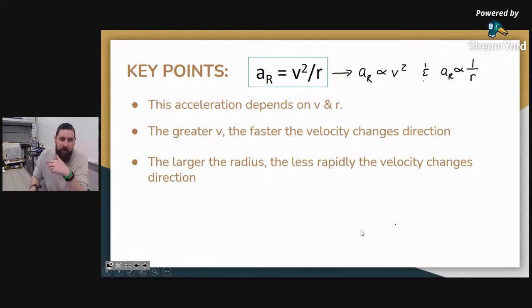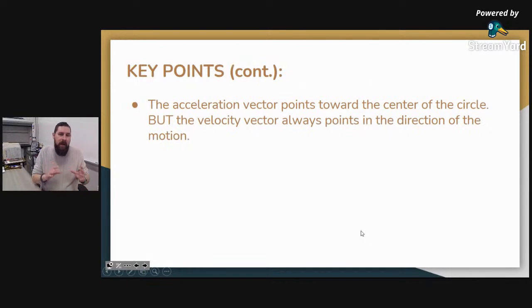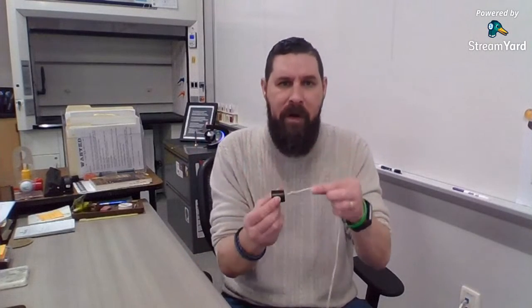Okay. Another key point, and this is a big one: the acceleration vector always points towards the center of the circle, but the velocity vector always points in the direction of motion, which means this. If I go back out to a large screen, as this is moving, the inertia of this object wants to carry it off in a straight line.